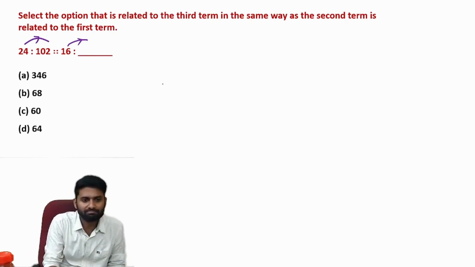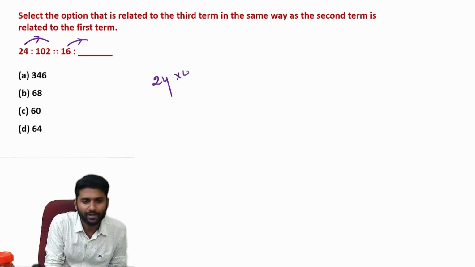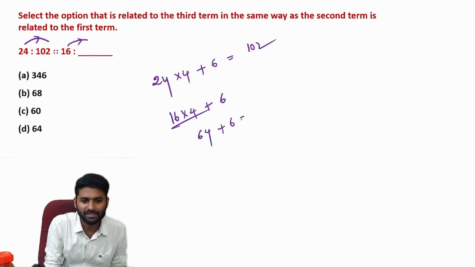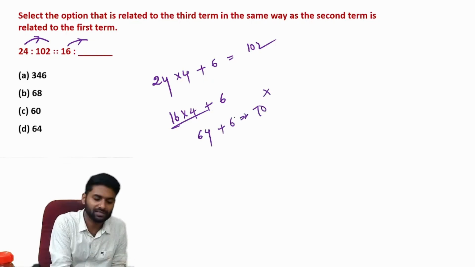Let us think: 24 into 4 is 96, plus 6 is equal to 102. Let's apply the same here. 16 into 4 plus 6. 16 into 4 is 64, plus 6 is equal to 70. You never get this option.